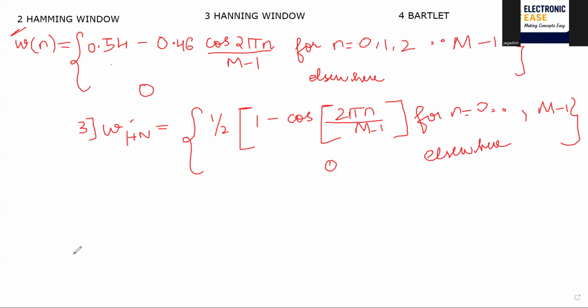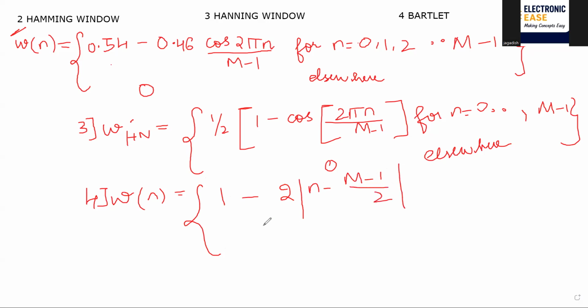So the fourth one will be your Bartlett window. For the Bartlett window, the formula is omega n is equivalent to 1 minus 2 into modulus of n minus (m minus 1) by 2, divided by m minus 1, for n ranging from 0, 1, 2 up to m minus 1, and it will be 0 elsewhere.